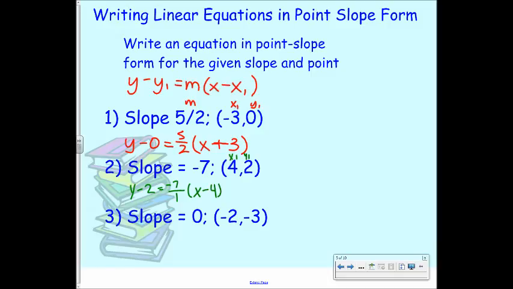Perfect. Y minus 2 equals -7/1 times x minus 4. Did she have to write -7/1? No, she could have left it. All right, Guillermo, just do it exactly like you would have done the other one.